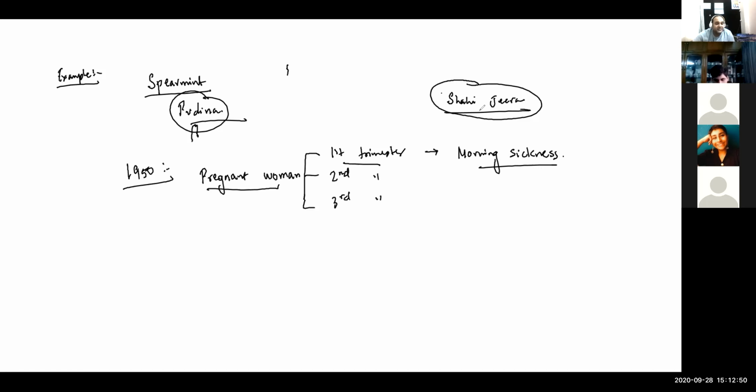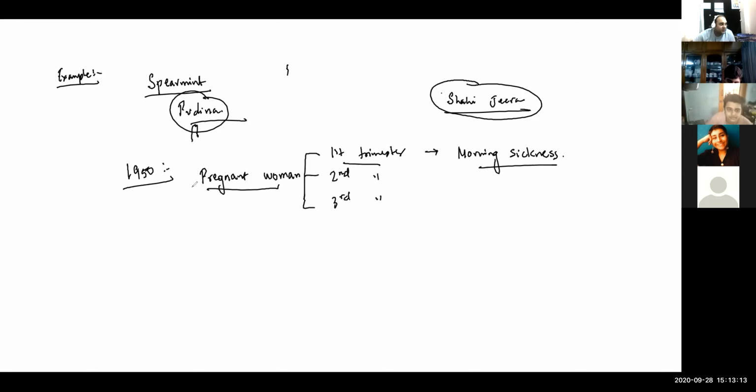So morning sickness is basically they are unable to eat, they feel like vomiting, and they're very lethargic, and blah blah blah, there's a lot more. I will not go into depth on those.